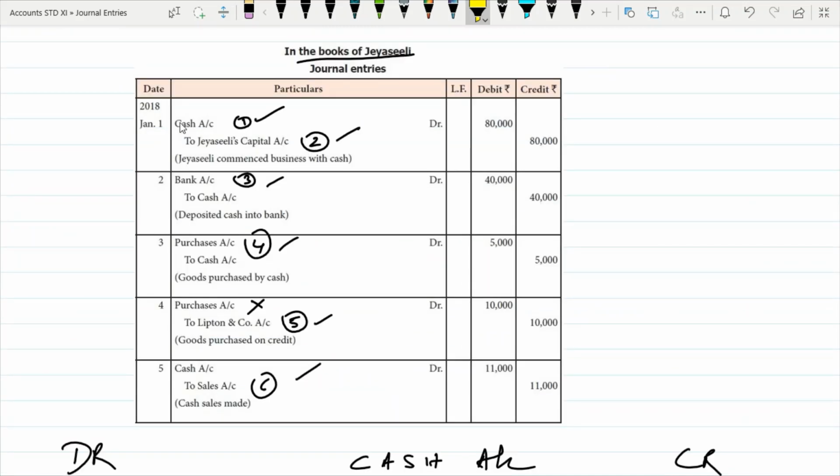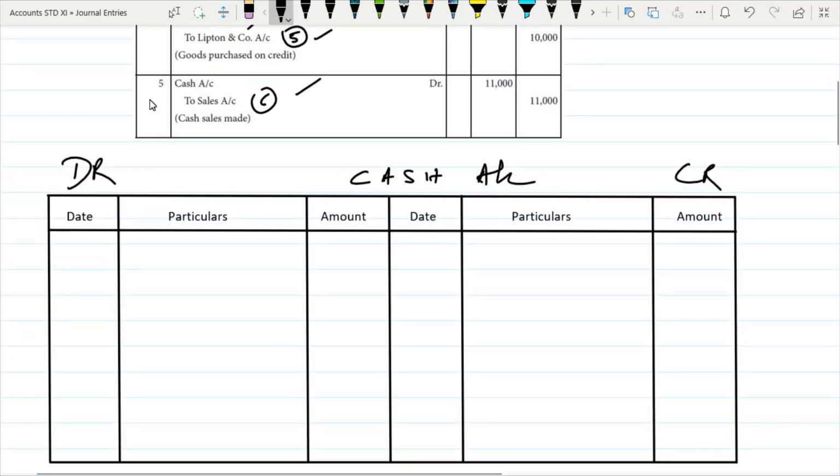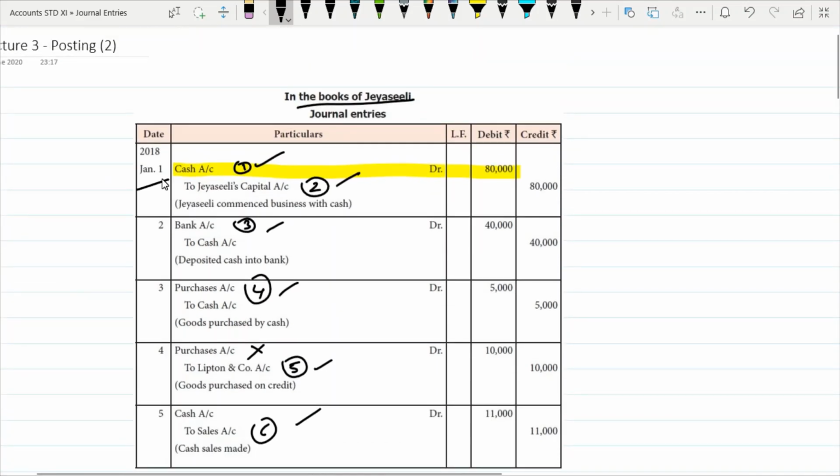Let us now first start with cash account. So cash account, the first one here is debit. Debit by 80,000. So what we shall write? We shall come here. It is debit by 80,000. So 80,000. The date there is 1st Jan. Look at the date. 1st Jan 2018.